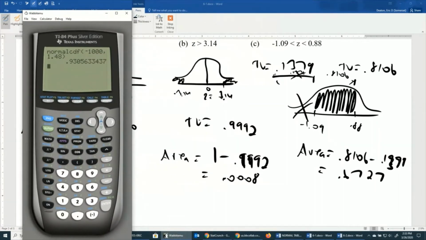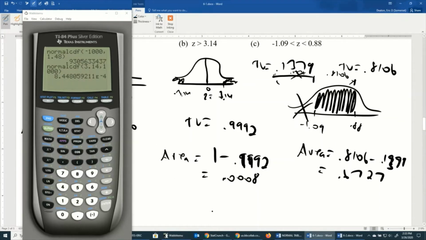Let's look at greater than. This one's a little bit different. This time, notice the shaded region. The left is the z-score, 3.14. Comma, how far right does it go? Forever. So let's use a really big number like 1,000 and enter. Now I'm glad I did this because a lot of your calculators will show this like mine did.